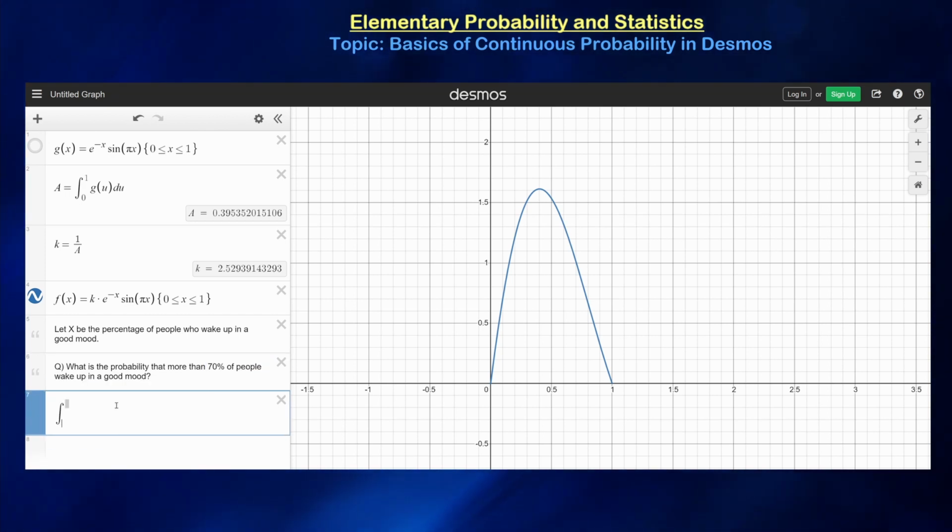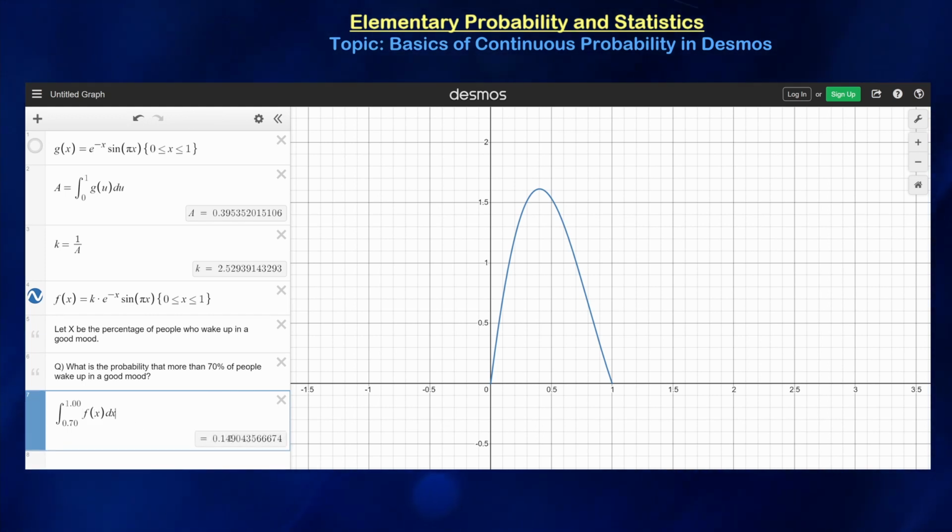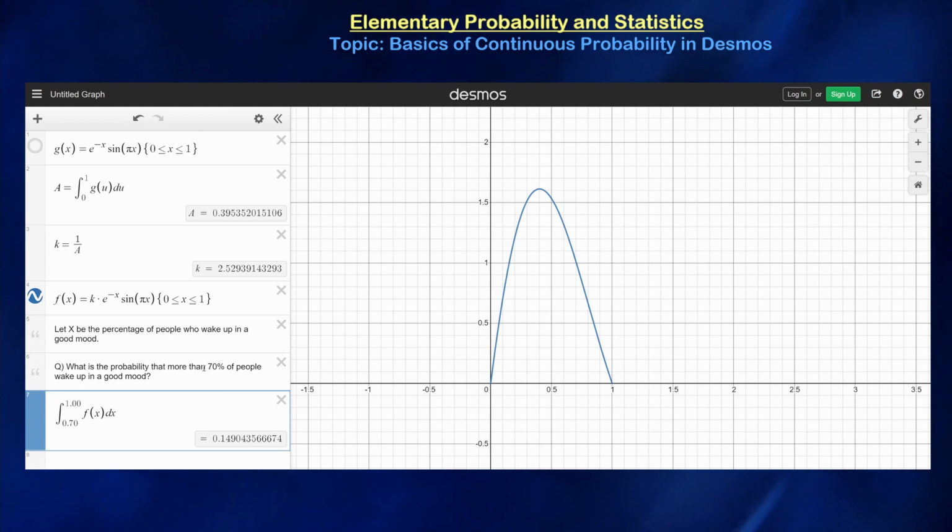So that means my probability is going to be equal to the integral from 0.70 to 1 of my density function, and that's going to give me a 14.9% chance of that occurring if I select a person at random. Or it depends on how I really define that variable, right?